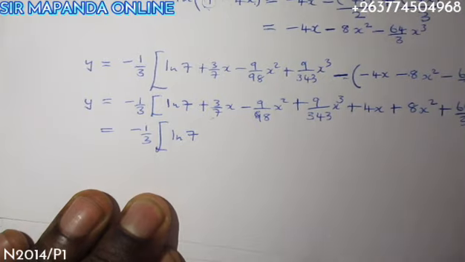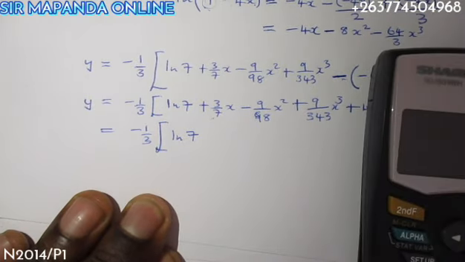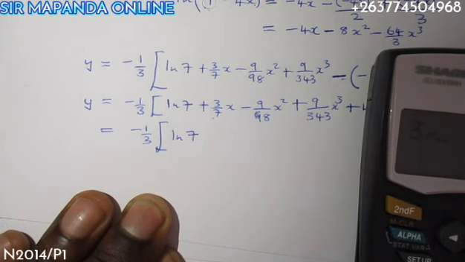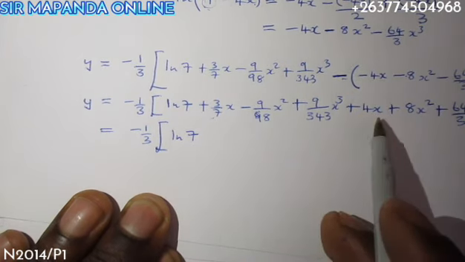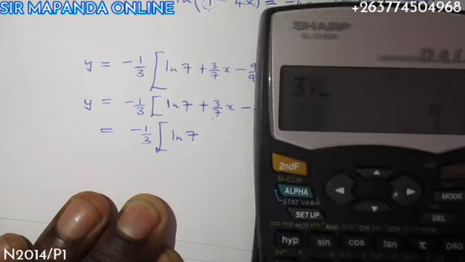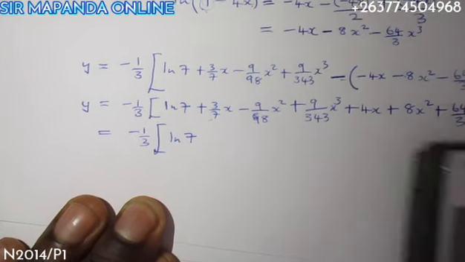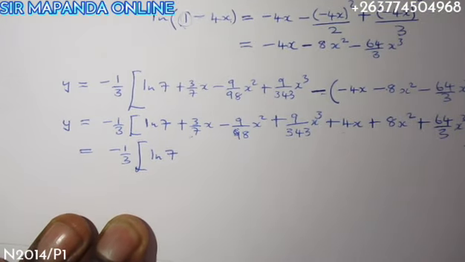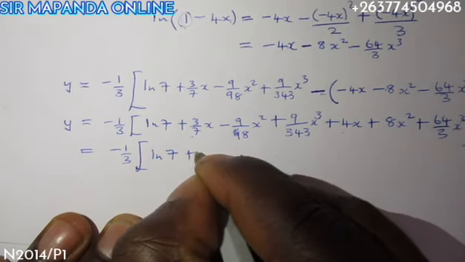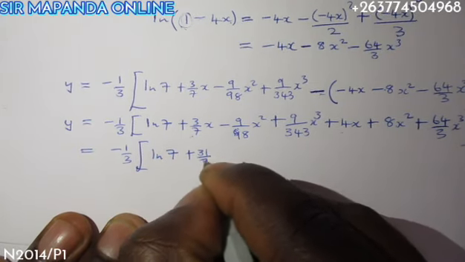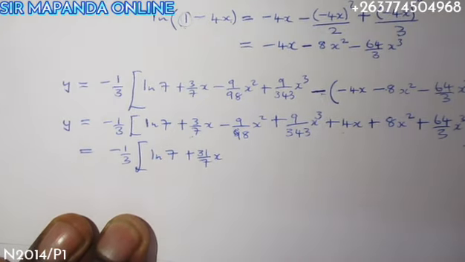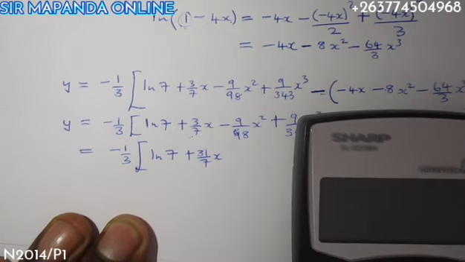3 over 7 is a like term with 4x. So I'm going to add plus 4. What you get is 31 over 7. Right, we move on to the terms in x squared.